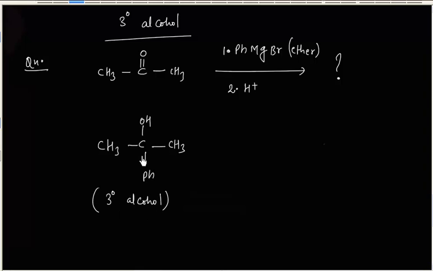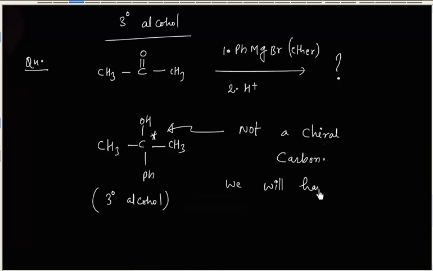But the final product is not optically active. That is, we will have only one product. This carbon is not a chiral carbon. So in this case we will have only one product, and the product is optically inactive.